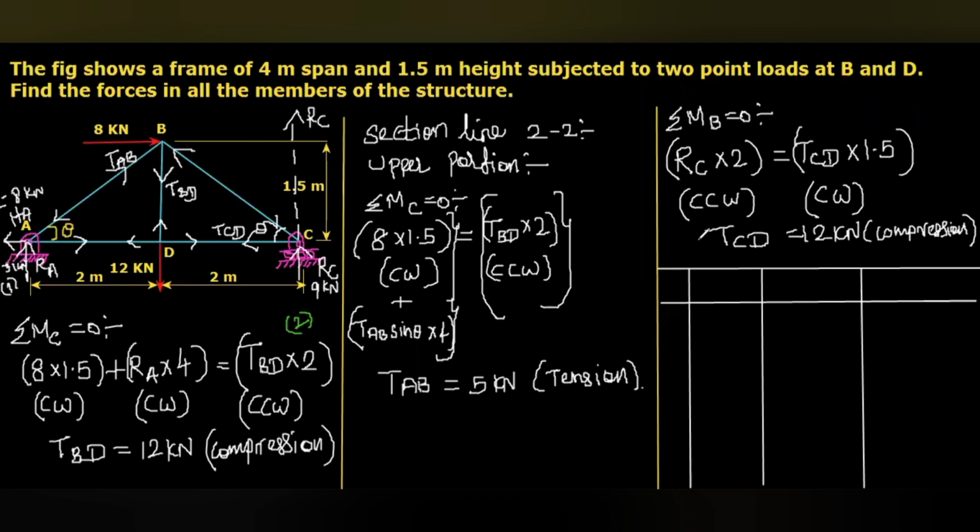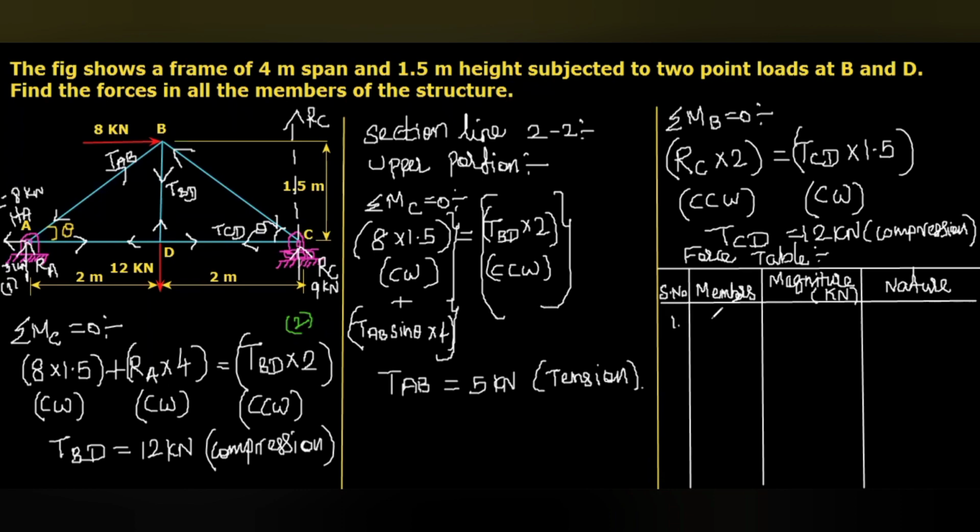Finally, the force table. We are going to tabulate all the results. First one, serial number, then members, then magnitude of the forces in the members in terms of kilonewton, then nature of the forces, either tensile or compressive.